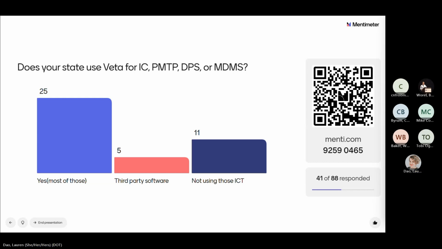I think it's great. For MnDOT, since we have a number of IC, PFTP, MDMS jobs, we have a report card that we've been putting out for a number of years. So there is some tracking of history on how things are going, and also so we can help talk to contractors and see if they want to move in a different direction.